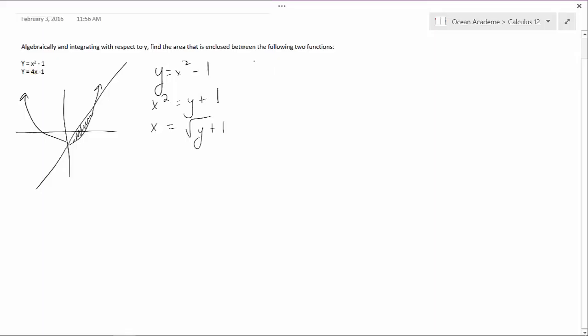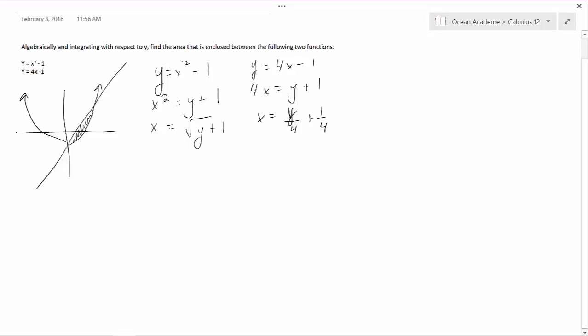And then with our other function, we have y equals 4x minus 1, and that would be 4x equals y plus 1, and x would equal y over 4 plus a quarter.